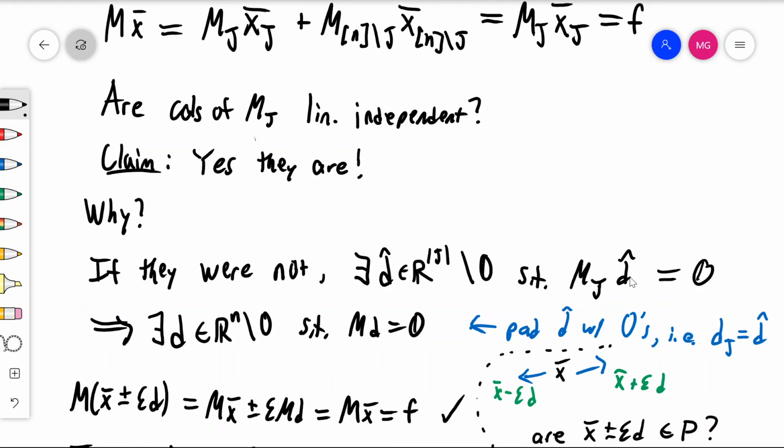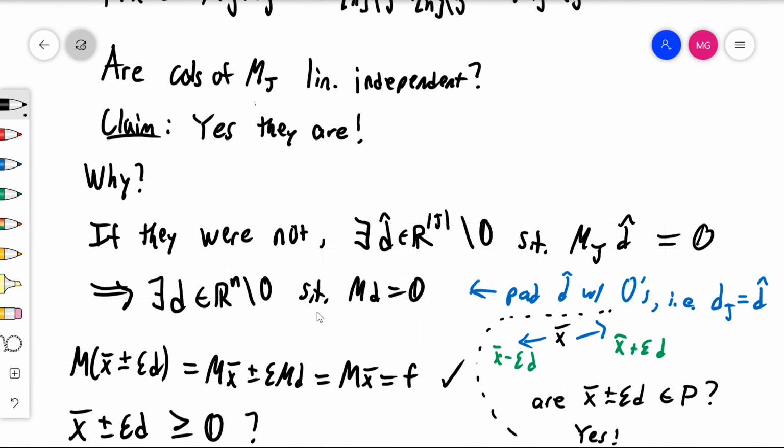So then that means there's some non-zero vector d in R^n that's in the null space of the overall matrix M, and that's just because you started with this vector d hat, and now you just pad d hat with zeros, because the only components that existed for d hat were the components indexed by J, because you had a component for every column of M sub J.